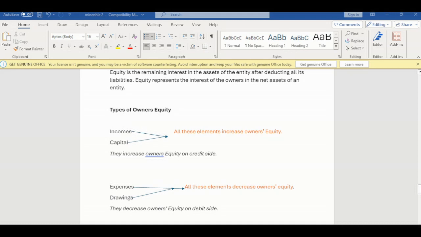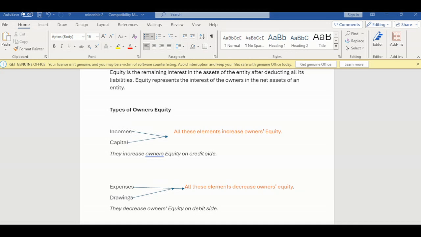Okay, then we have expenses and drawings, which decrease owner's equity on a debit side. So guys, we have things which increase them and things which decrease them. Owner's equity has accounts which increase it and also decrease it.